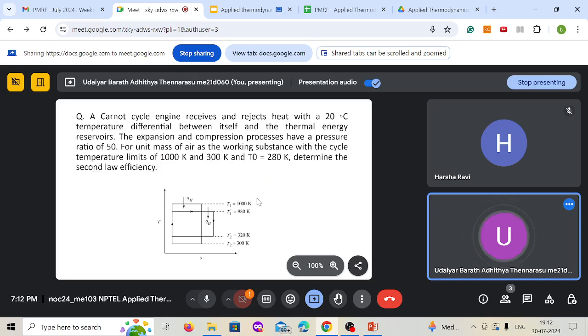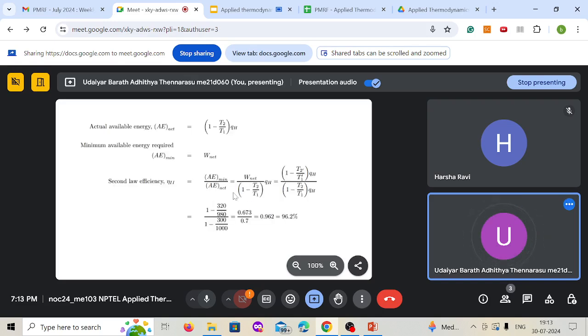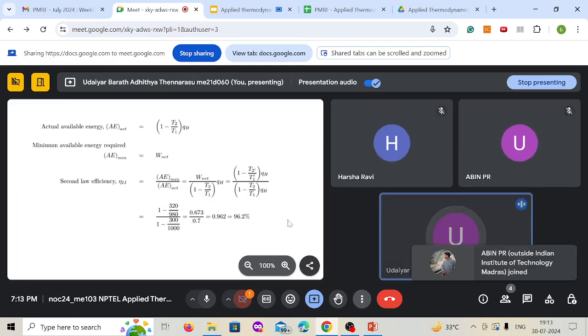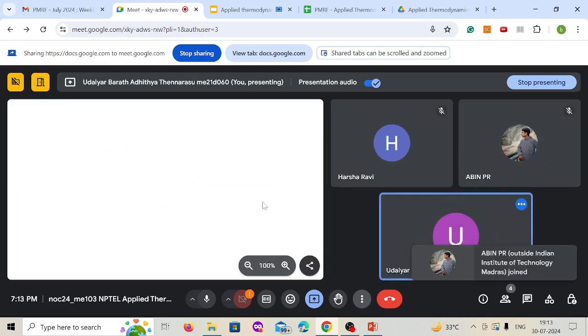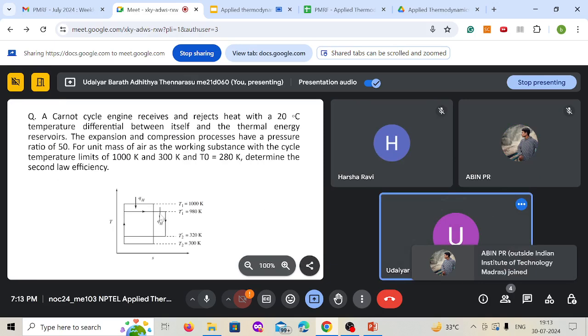So even though it's a Carnot engine, because of the temperature difference of 20 degrees Celsius, your efficiency has come down. Comparing with the actual Carnot you can have, it has come down by 3.8% for the same amount of heat which you are supplying.